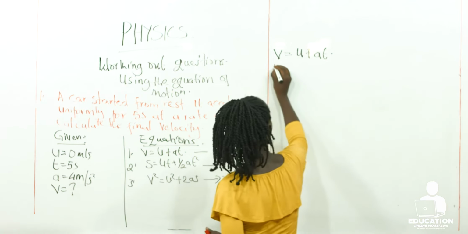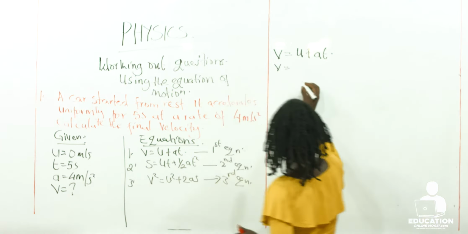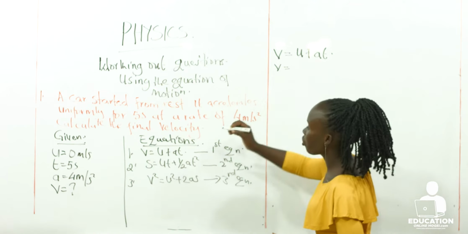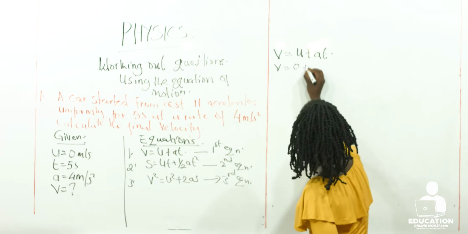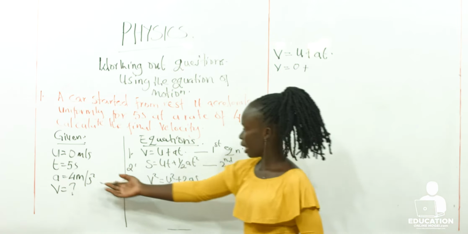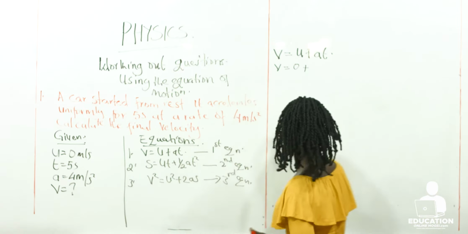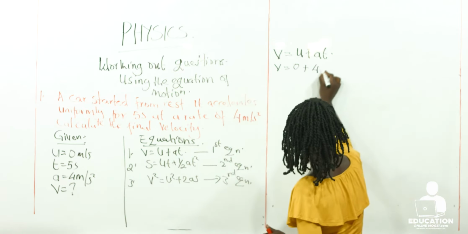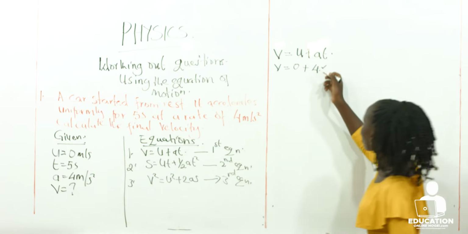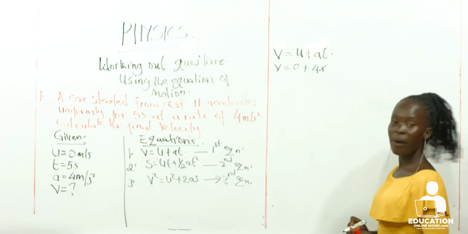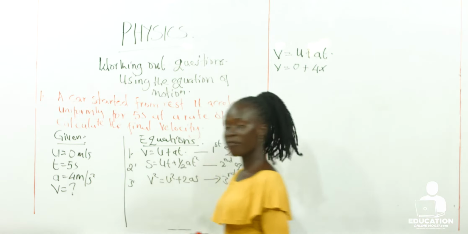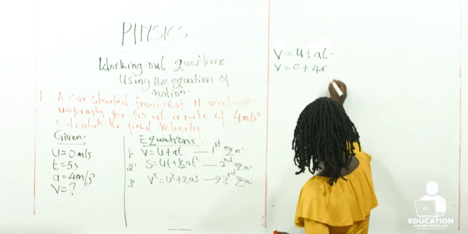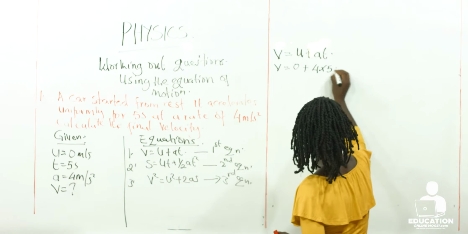We shall have v equals the value of u, which is 0 meters per second, plus the value of a, which is 4. We put it right here. But our acceleration is multiplied by the time, and our time is given as 5 seconds, so we put 5.